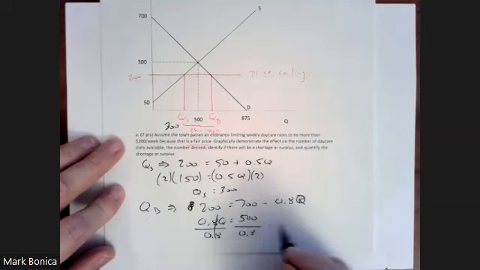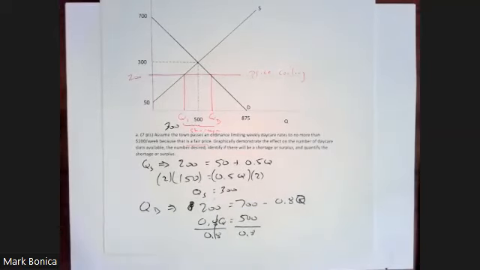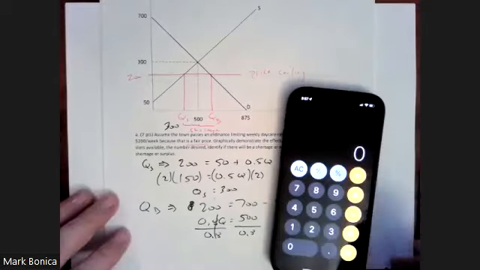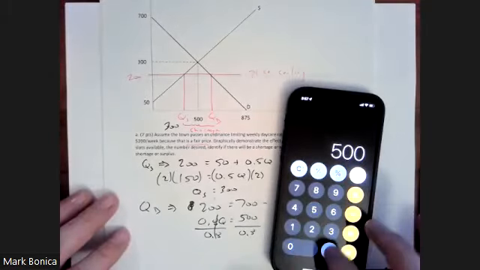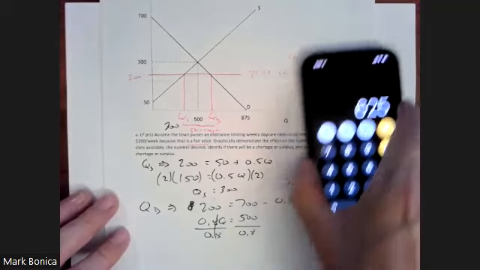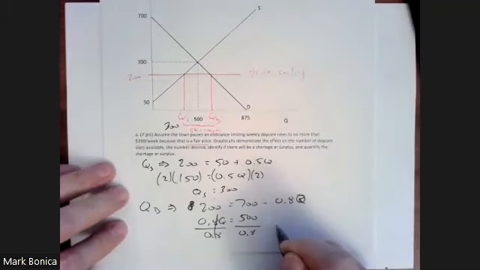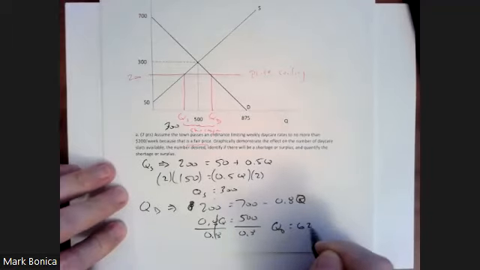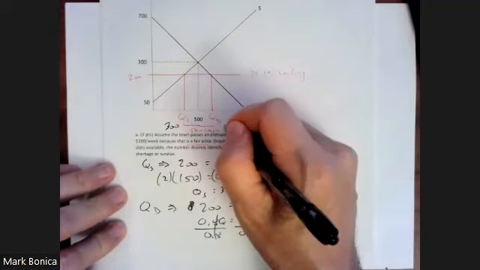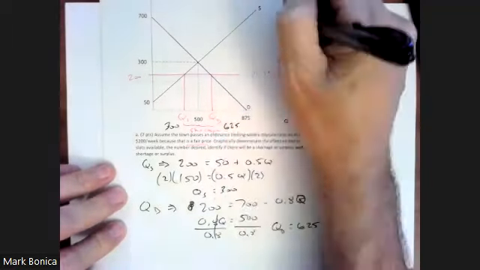That cancels, and we get 500 over 0.8, which is 625. So QD equals 625. So the shortage equals 625 minus 300, or 325.